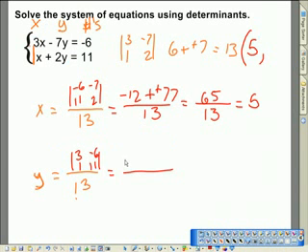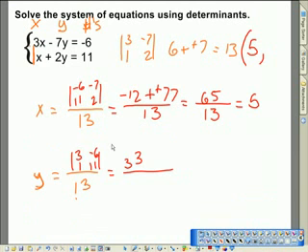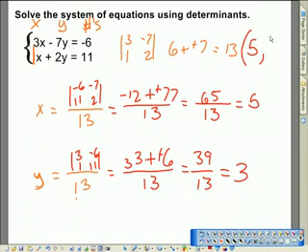I have 33 minus 1 times negative 6 is negative 6 over 13. So that becomes plus. I get 39 over 13, which reduces to 3. So my coordinate, where those two lines for this system would intersect, is at 5, 3.